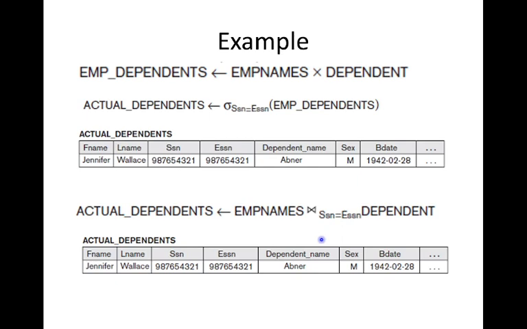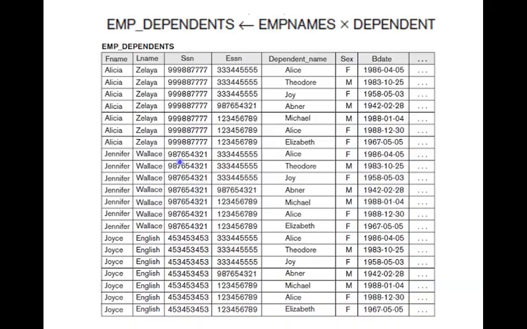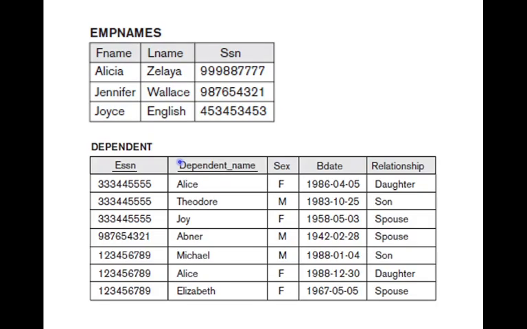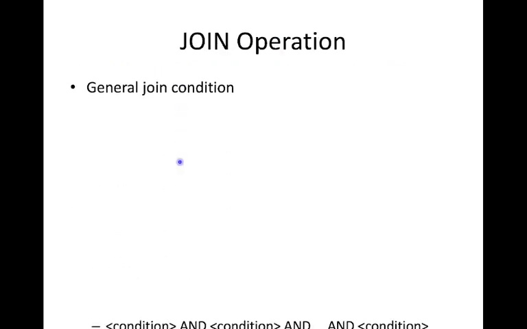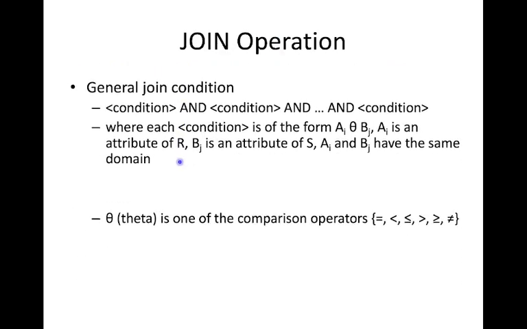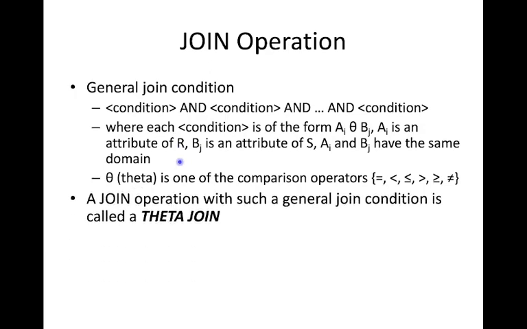Let me check with this thing. Here we cannot show the same example, because here all SSNs are primary attributes. If you are taking some other attribute and trying to join, then in those cases some of the things will be lost. Here, since it is a primary attribute, some value will be there for that attribute.